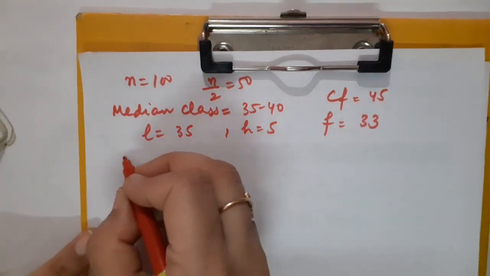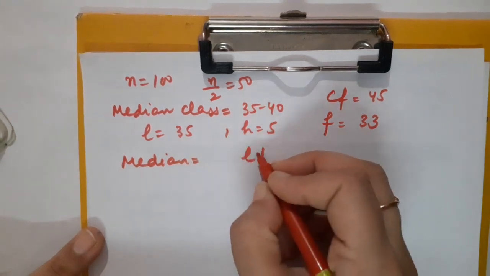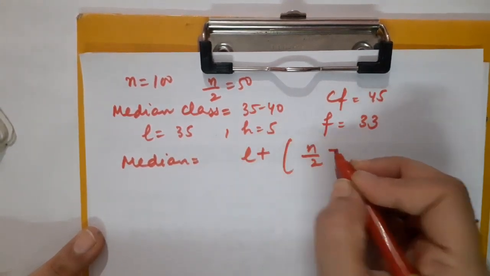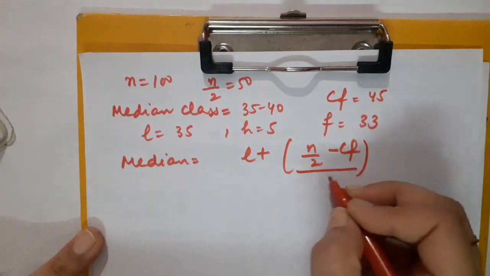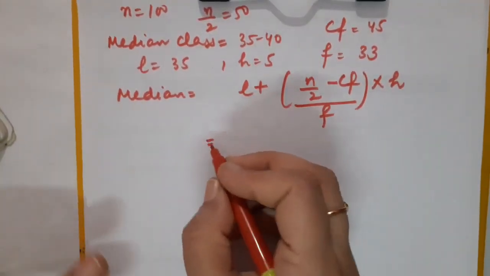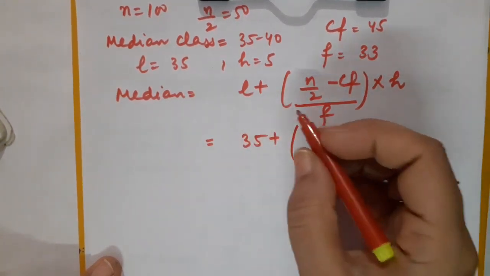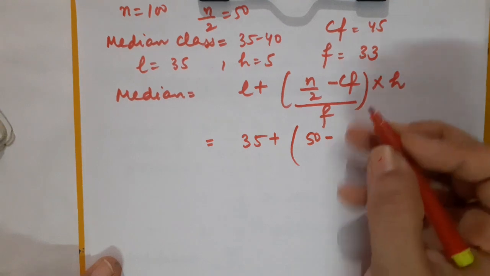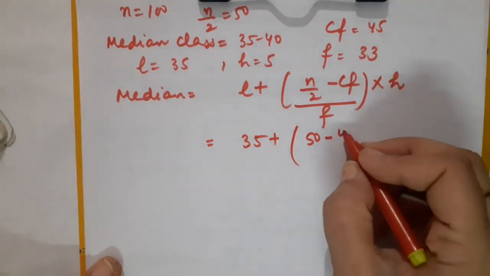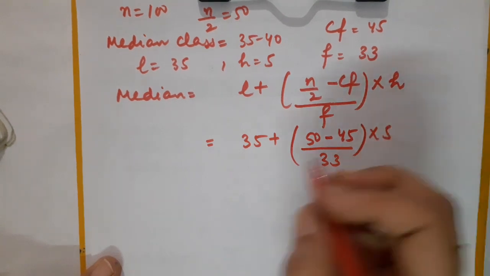So let us calculate the median now. The formula is L plus n by 2 minus CF upon f into h. Clear? So what is the lower limit, children? 35 is the lower limit. n by 2, you know that is 50, minus cumulative frequency 45, divided by 33, into 5.